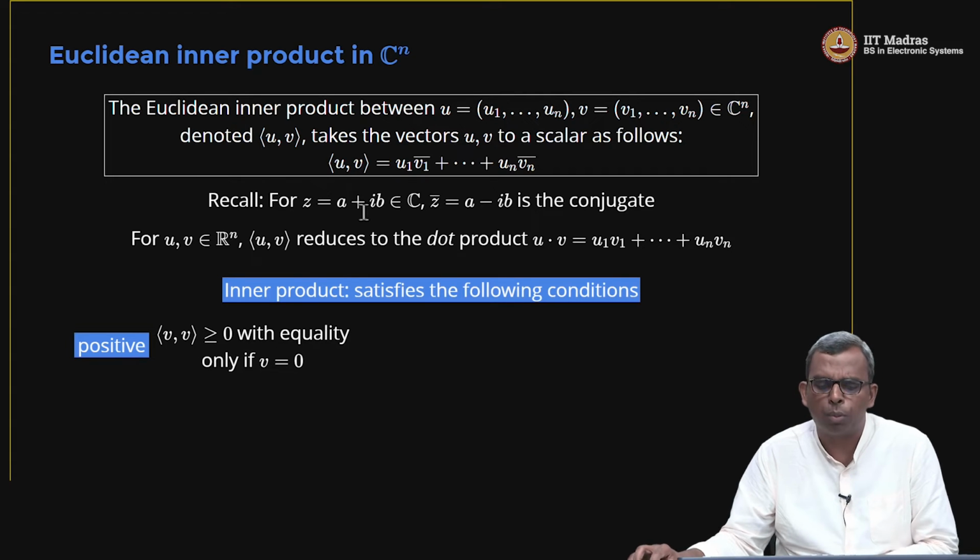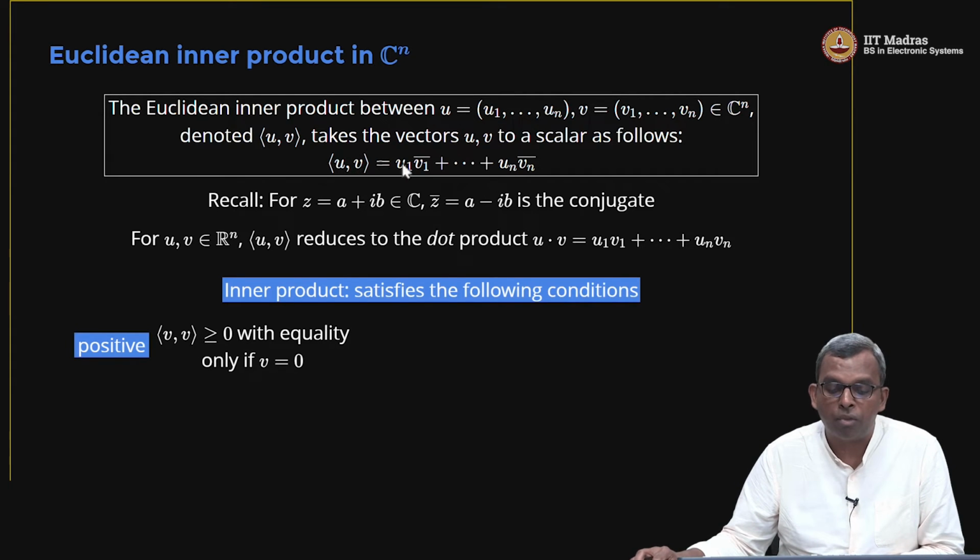This is a very easy thing to prove. If you do v comma v here, you have v1 times v1 conjugate. What is v1 times v1 conjugate? We have seen that before, right? If you do z times z bar, you will get a squared plus b squared, okay. So, in particular, it is real and it is non-negative, right? It is greater than or equal to 0. When will a squared plus b squared become equal to 0? Only when both a and b are 0 and z is 0, right?